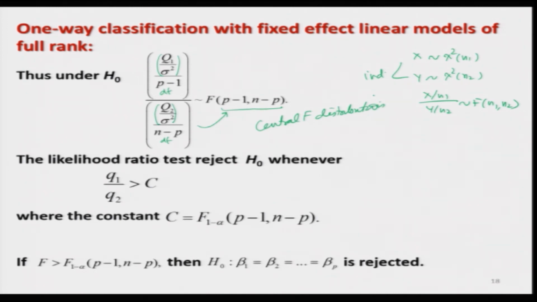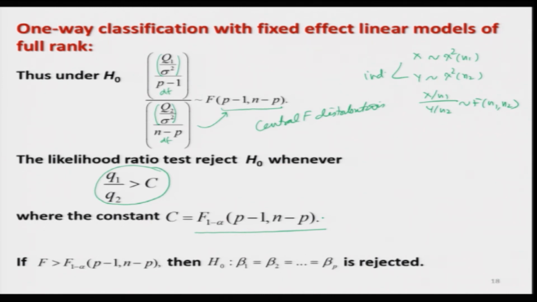Right. Now, after this, the next question comes here: the decision rule based on the likelihood ratio test statistic that we obtained in the earlier lecture was to reject the null hypothesis whenever Q1 upon Q2 is greater than C, where C was found to be F 1 minus alpha with p minus 1 and n minus p degrees of freedom.